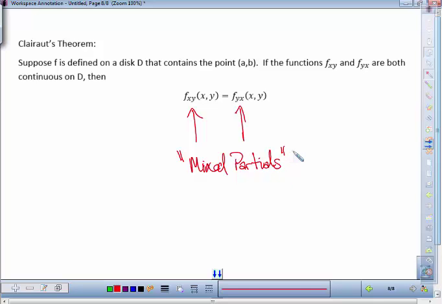Wait, but isn't it only possible... How would you determine if the mixed partials were both continuous before doing that? Because otherwise, you have to solve for both of them first, and then it's a moot point to say that they're equal.